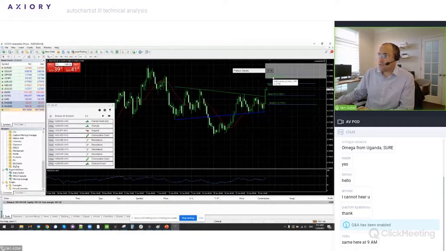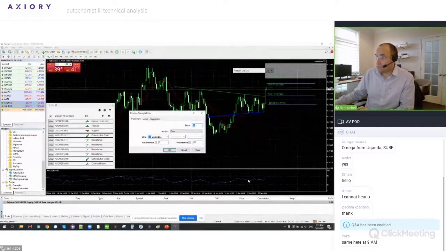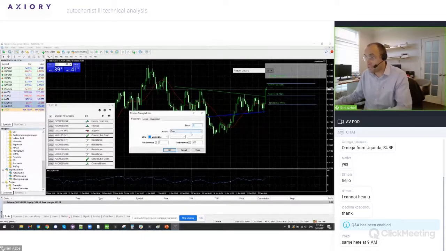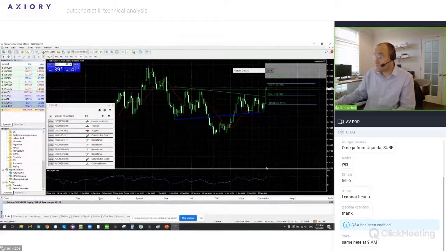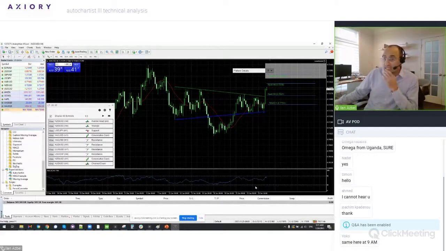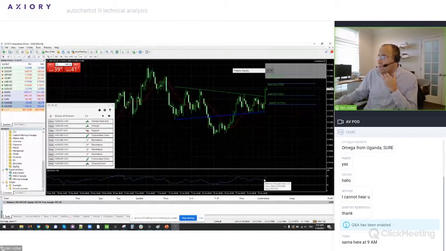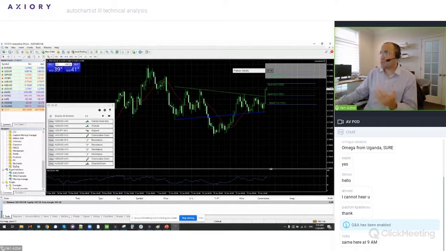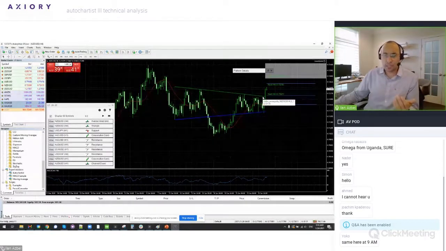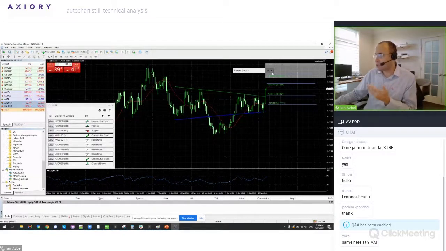So for some of you that maybe are looking at this chart over here, you're looking at the RSI and you're thinking, okay, this RSI is close to 70, so I should be selling. But wait, the head and shoulders is telling me to be buying, right? It's telling me it's going up to that price level over here.